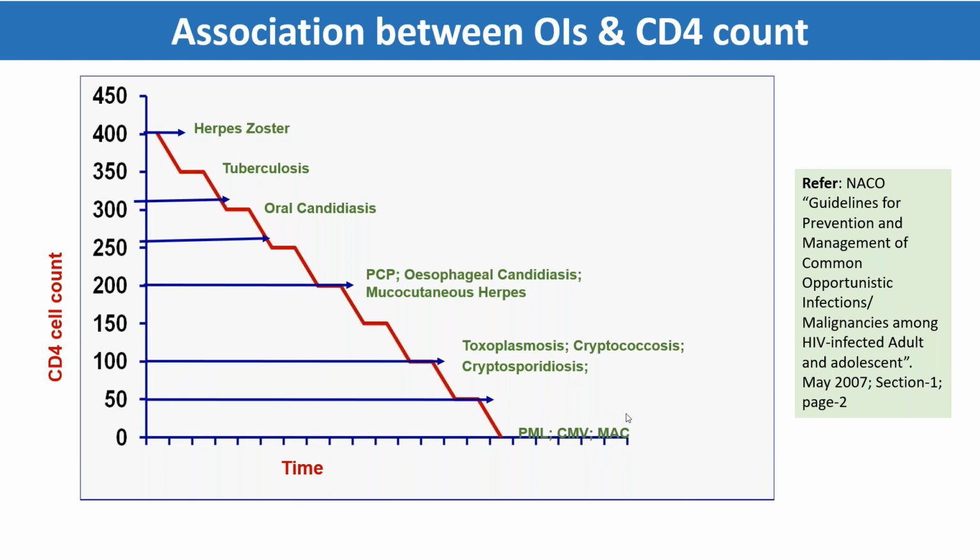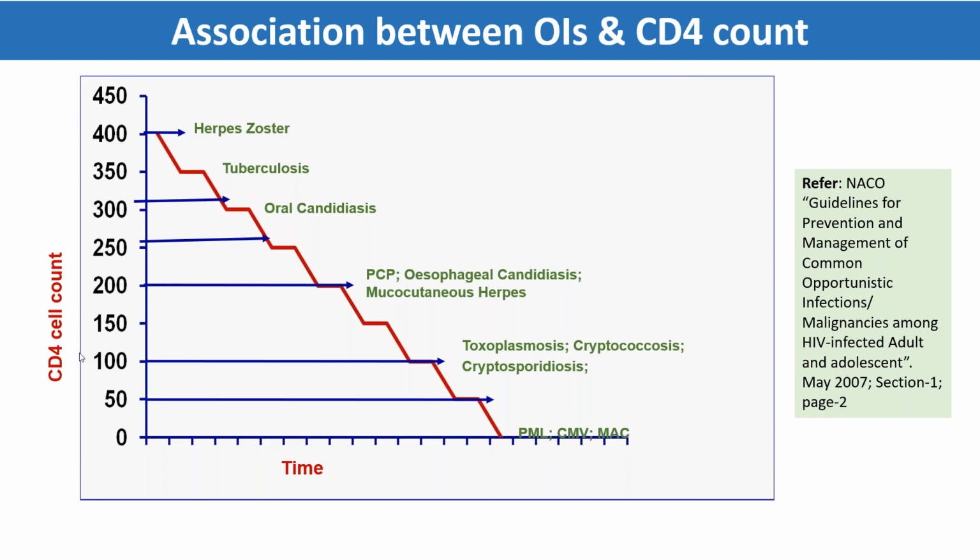But remember, not all infections can be prevented. You can prevent TB also by giving TB preventive treatment. In India, it comprises isoniazid preventive treatment or IPT, which can be given to all PLHIVs. So remember, not all infections can be prevented, but a large number of them can be prevented.